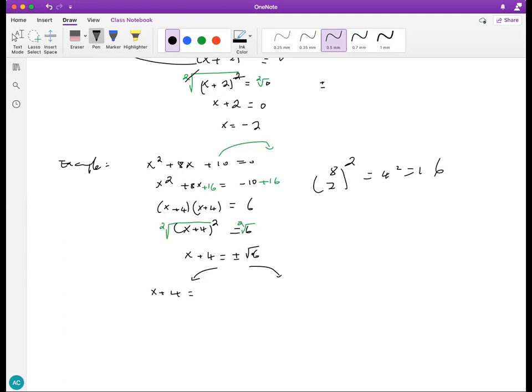So it's going to be radical. One with positive radical 6, and the other one with negative. That's right. The other one is negative radical 6. And then we add or subtract 4 actually.